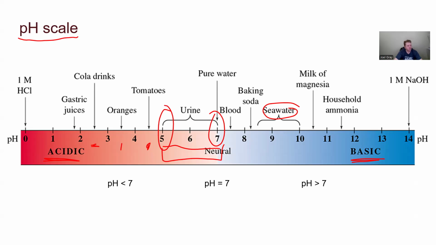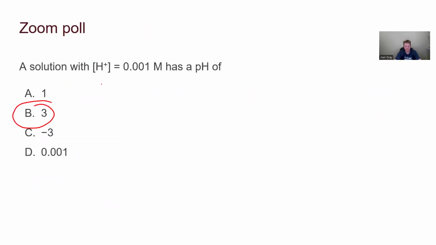Most any and every solution that people work with in any given day is going to fall within this range of 0 to 14. It's probably not going to exceed 14, and just as likely, it's probably not going to go below 0. I would just keep that in mind whenever you answer a question like this. Again, that's not to say that it cannot be outside those ranges, but for what we're doing in this class, it's probably going to be within this range.